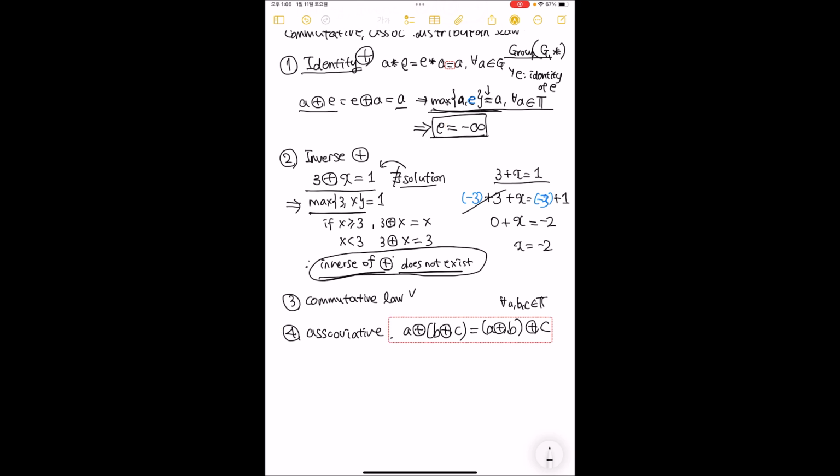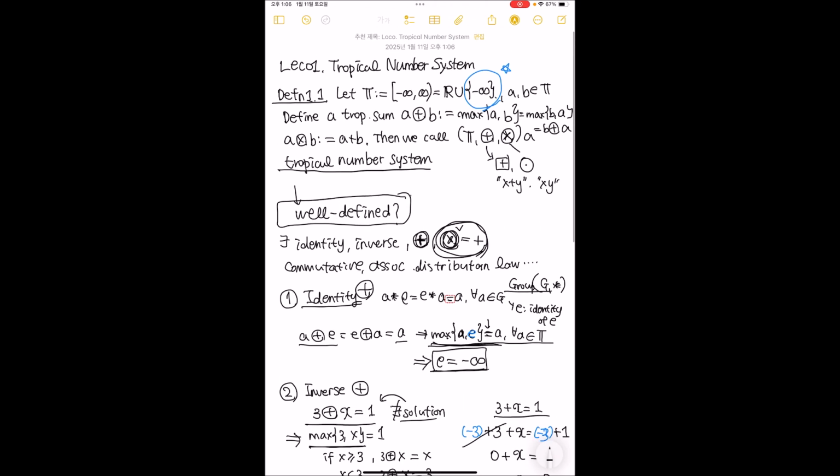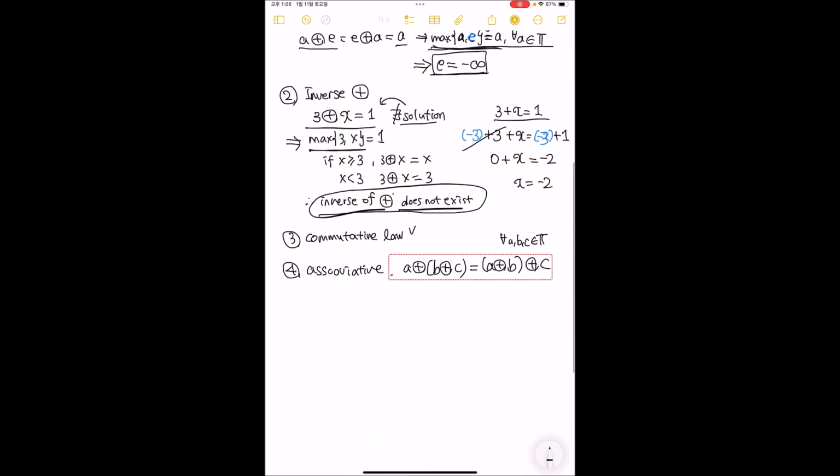That is easy to prove because, by definition, we can give an order. So, without loss of generality, let A, B, C be ordered, and we can obtain the result of the associative law in a tropical number system.